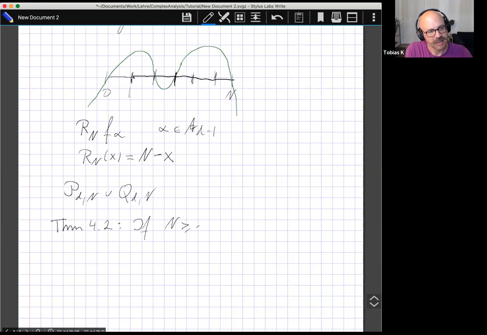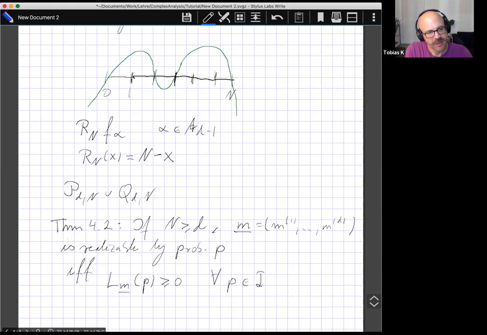If n is greater or equal to d, and I have given putative moments, m1 to md, then this is realizable by a probability P if and only if the functional Lm of P is greater or equal to 0 for all P from these two sets, and the conditions are minimal.